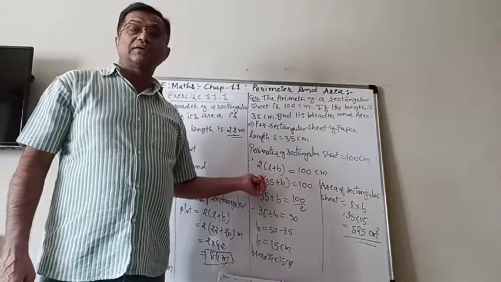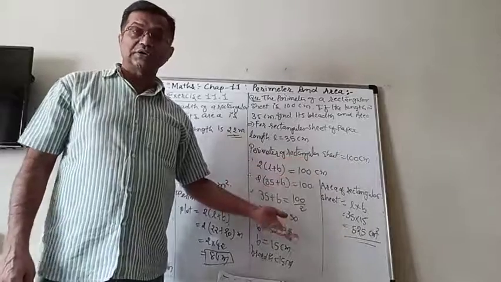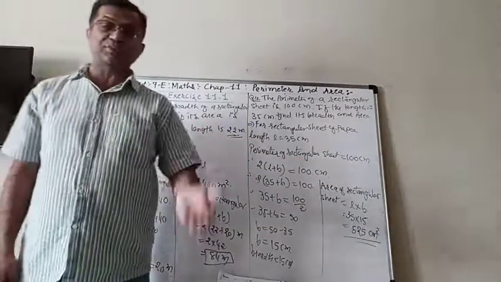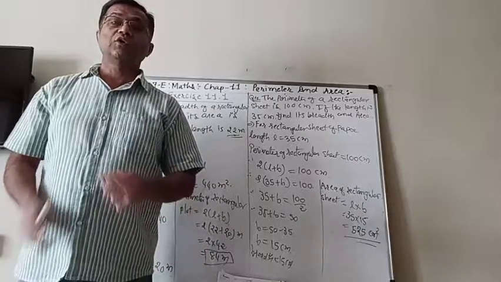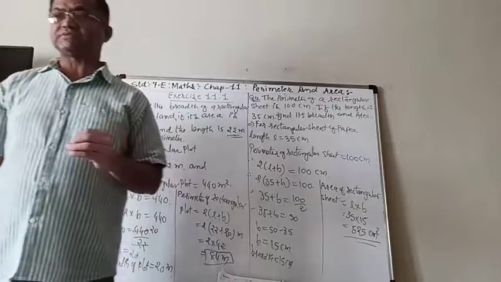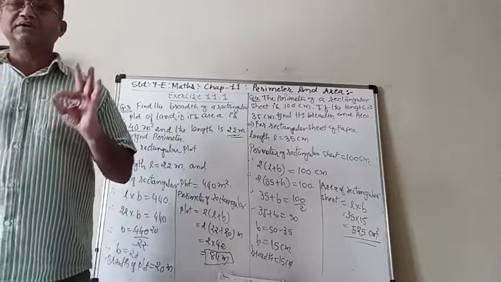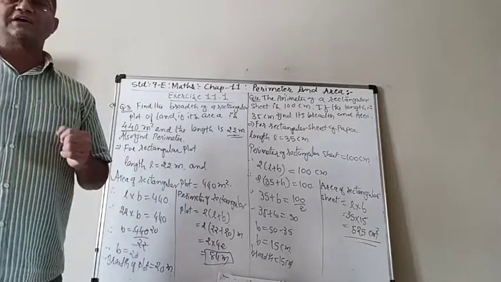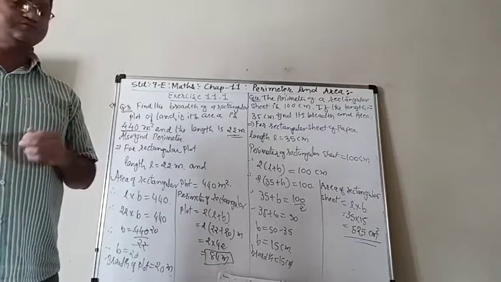If you don't know, how will you be able to do it? Here area is given, but if you don't know the area's formula, you won't be able to do it. So this type of chapter is easier, but the main thing is the formulas. Formulas must be in your mind.